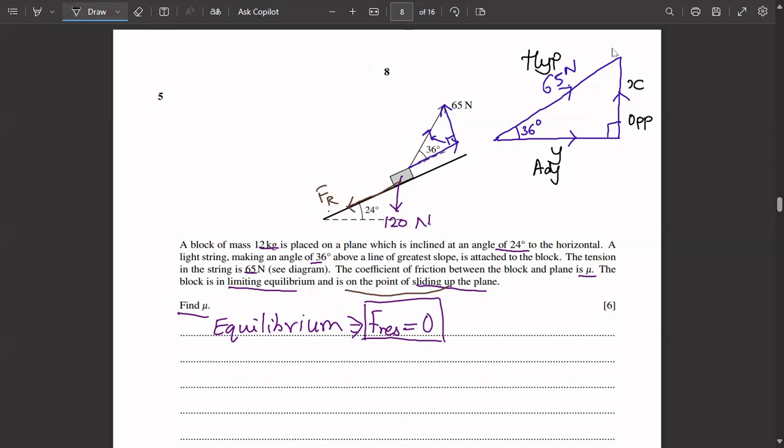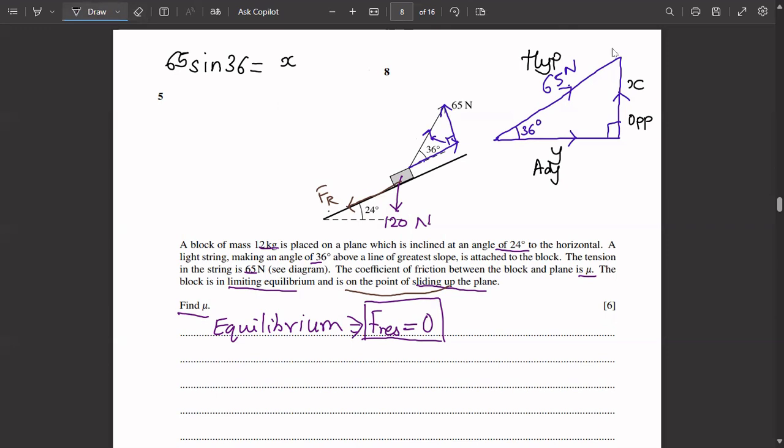Sine theta is opposite upon hypotenuse. So similarly, sine 36 will be equal to opposite, which is x, upon hypotenuse, which is 65. Now this 65 will go up and it will become 65 sine 36 is equal to x.